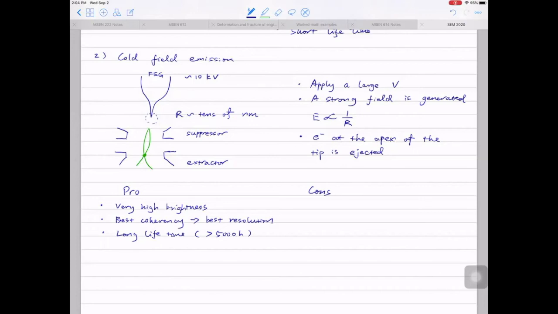I don't think so. Towards the end of the class, I'll show some PowerPoint slides, and you will see the filament is actually pretty large. That's why it's expensive to create a large single crystal tungsten that you can bend into a filament. So as far as I know, people don't use single crystal filaments for thermionic applications.